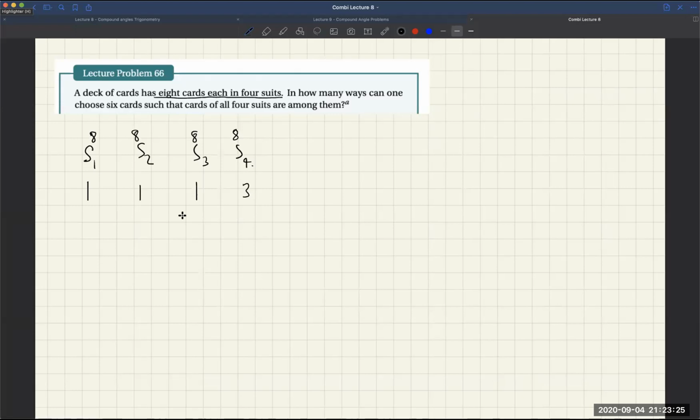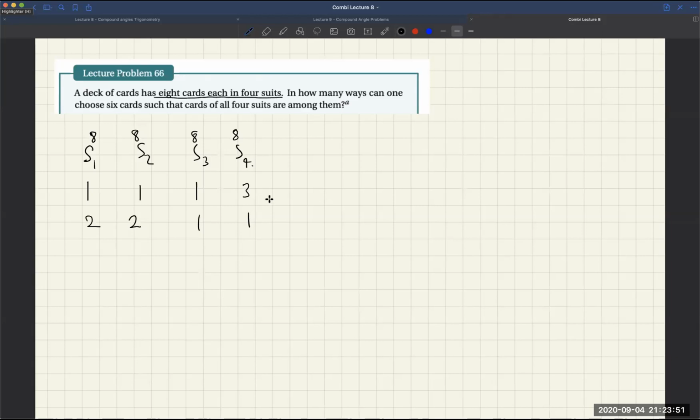What are the other possibilities? You may have two cards from these 2 suits and one card from here. Then you have 1 3 1 1, that is already taken care of here, so that is not possible. So can I say these are the only possibilities which can happen?